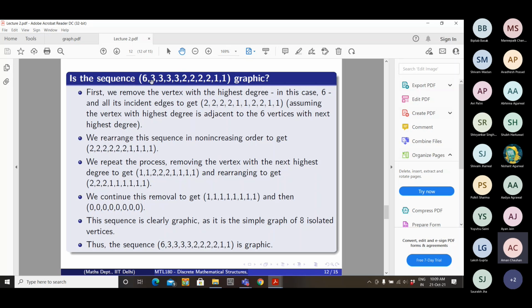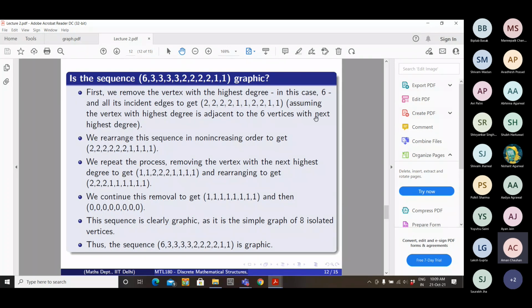Means if we remove the vertex with highest degree 6, we will get the degree sequence 2, 2, 2, 2, then 1, 1, 2, 2, 1, 1. So this is graphic. Okay.